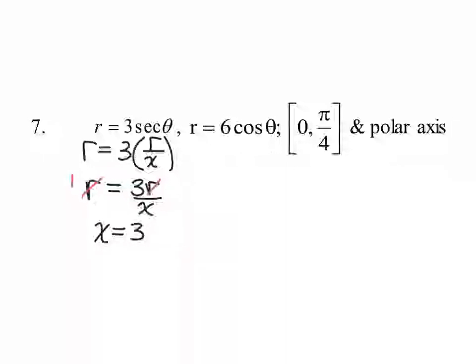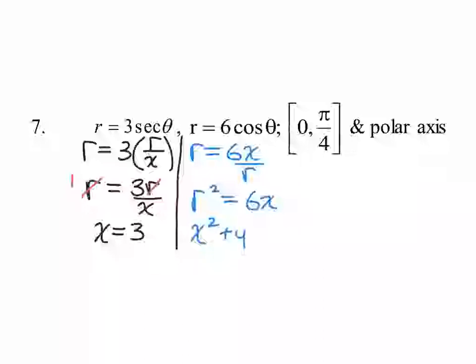The second equation, by the way, the first was nice and easy to do. So r equals 6x over r. That's a different story, because the r's don't cancel out in a nice way. We'll get r squared equals 6x. And r squared could be replaced with x squared plus y squared.